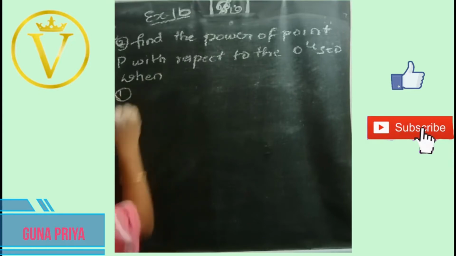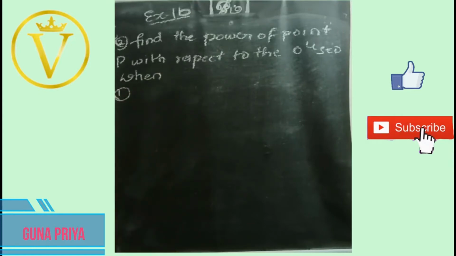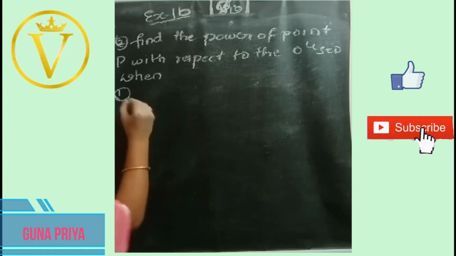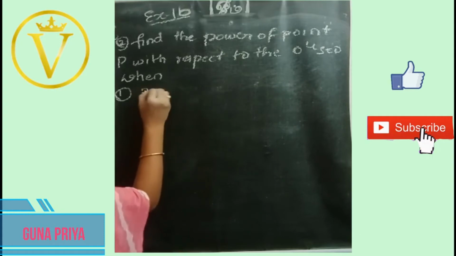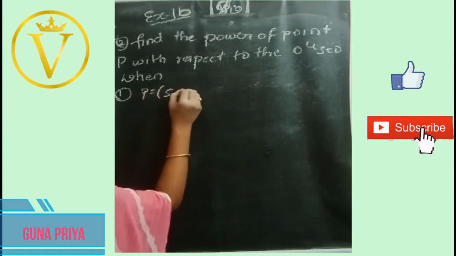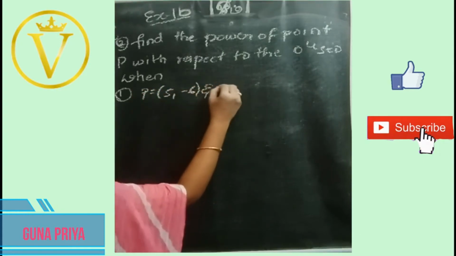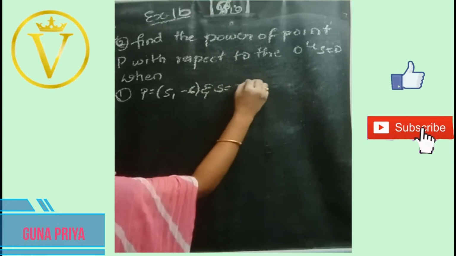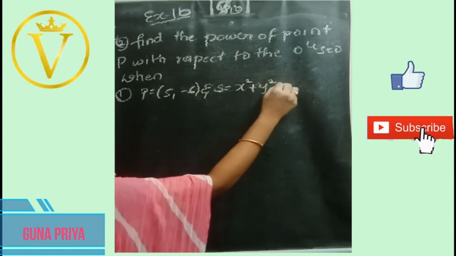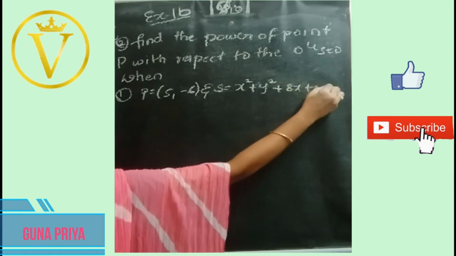They have given one problem, so we have to find the power of point. First we will write what they have given. So P equals (5, -6) and S equals x square plus y square plus 8x minus 12y plus 15.